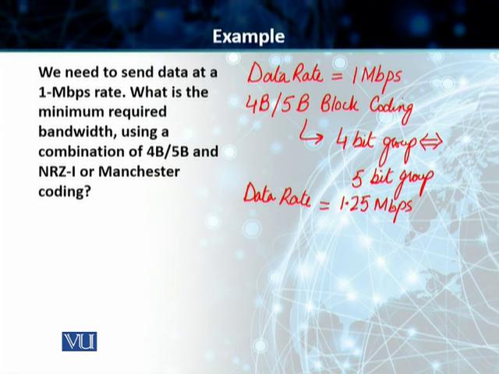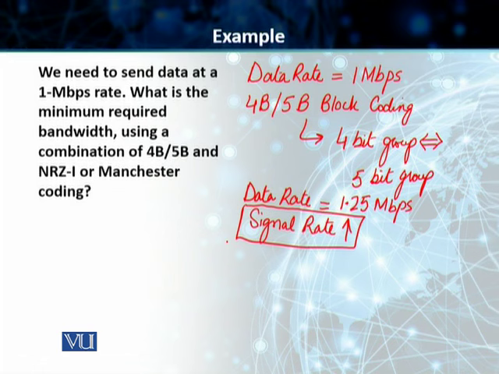So students, in this particular case, because we have a higher data rate, our signal rate, an observation is that our signal rate will go up as well. So our signal rate is increased.